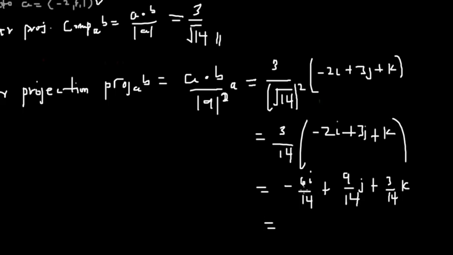Let's take 2 goes here, 3, and then 2 goes here, 7. So we have 3 on 7 I plus 9 on 14 J plus 3 on 14 K.